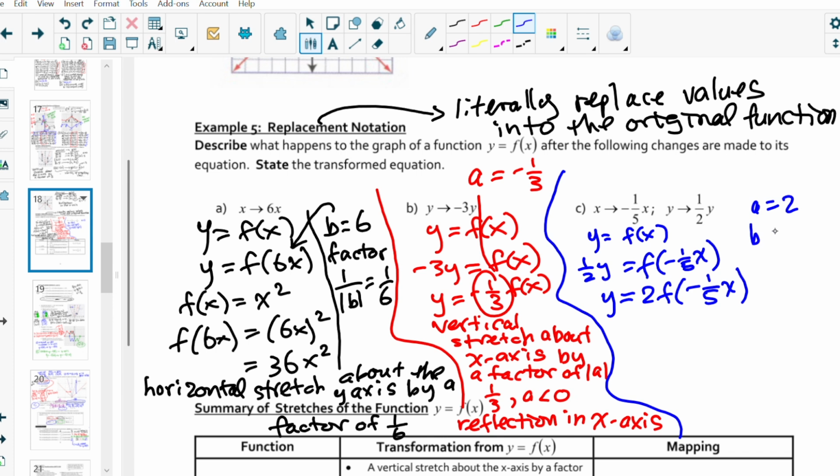My b value is negative 1/5. The factor, remember b value and factor are not the same. 1 over the absolute value of negative 1/5. That equals 5.